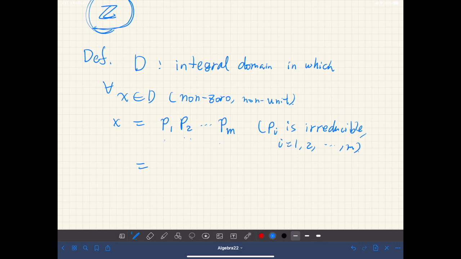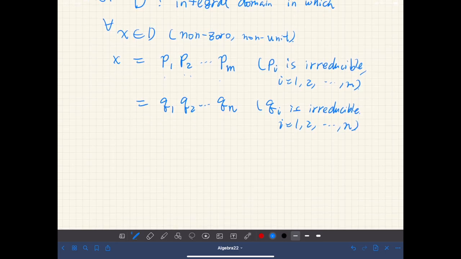And if we can express the same X in another way, let's say Q1, Q2 up to Qn, where Qi is irreducible, then m is equal to n, and by appropriately ordering these irreducible elements, we can set Qi equal to Pi times Ui, where Ui is a unit, and i is from 1 up to m.